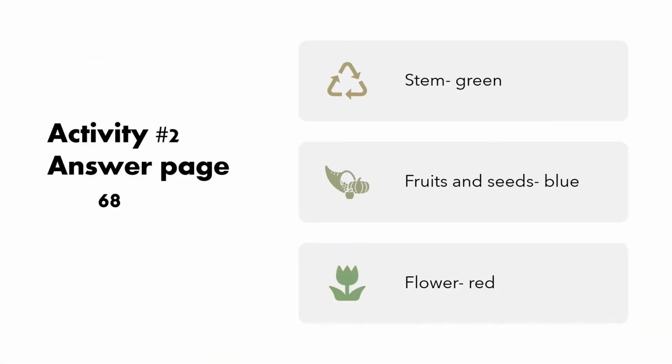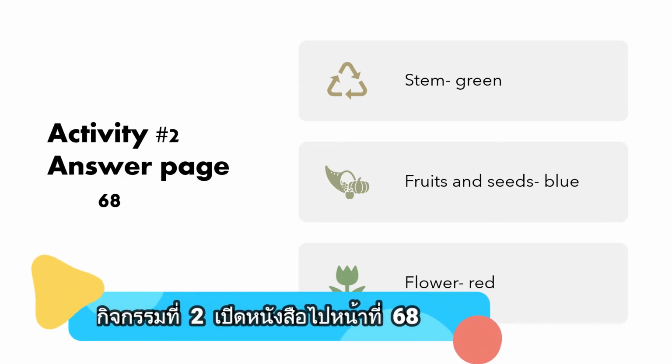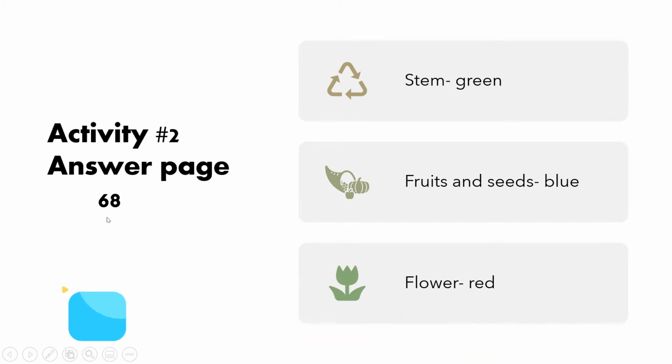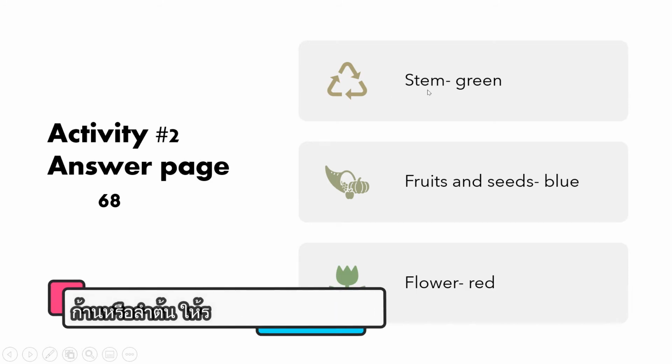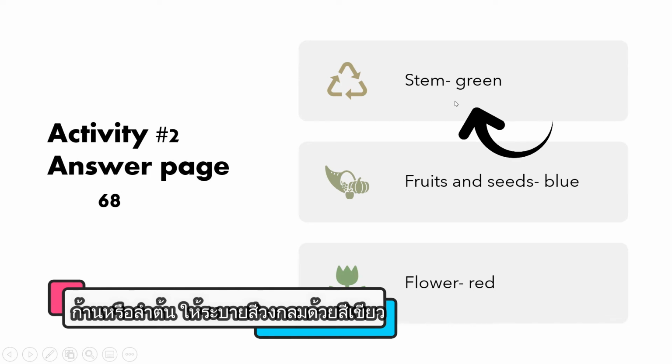All right, your activity number 2, you get your notebook and you have to answer page 68. In your page 68, for the stem, you have to use green color. Okay, for stem you color green.